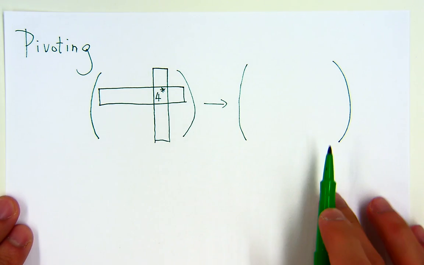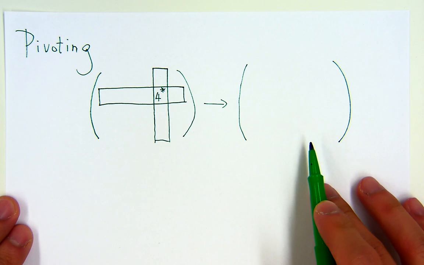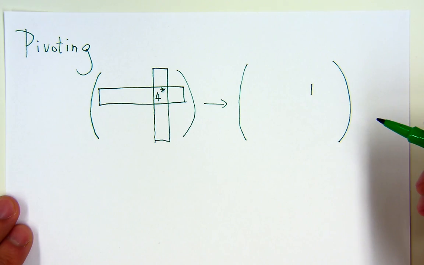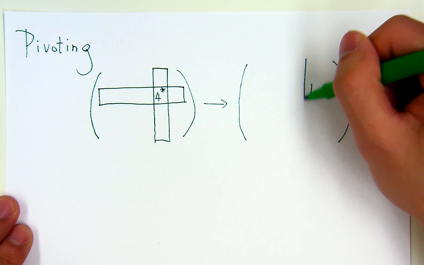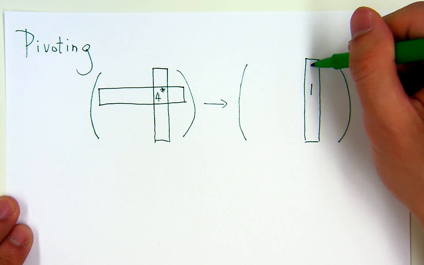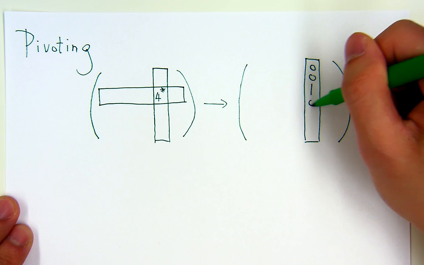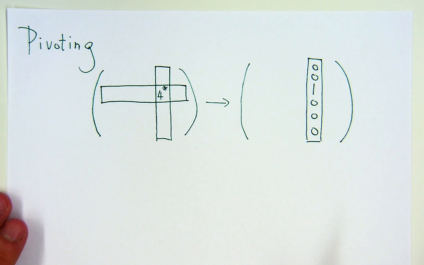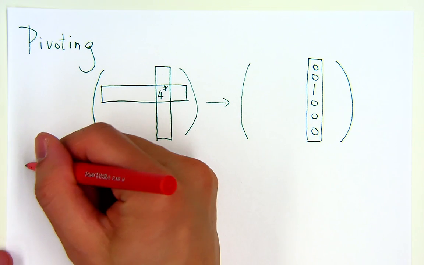The goal of pivoting is to get this into a new matrix such that the pivot entry becomes a 1, and all other entries in the pivot column become zeros. For pivoting, we can basically pivot at any entry in a matrix with only one restriction.